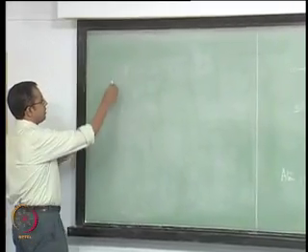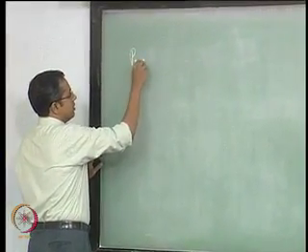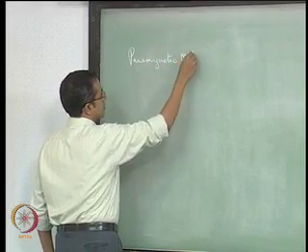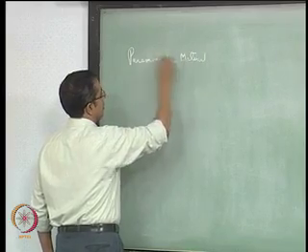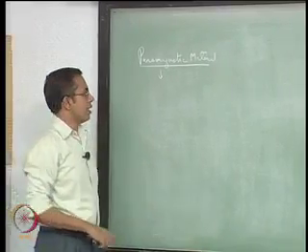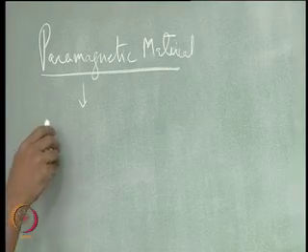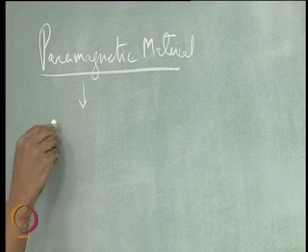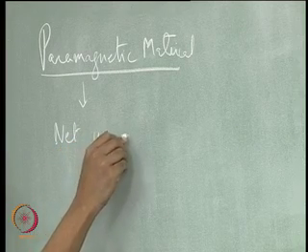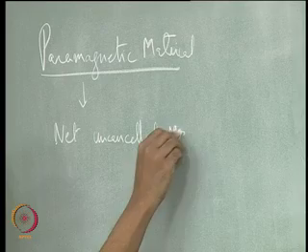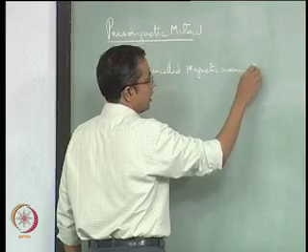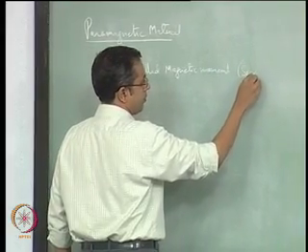The other material you can consider is a paramagnetic material. Paramagnetism exists in materials where there is a net uncancelled magnetic moment, either of spin or orbital origin.